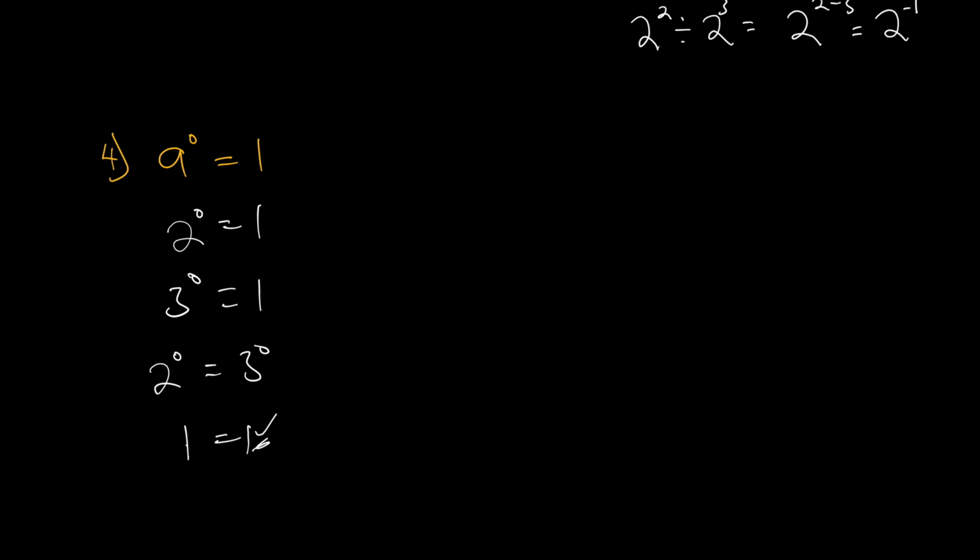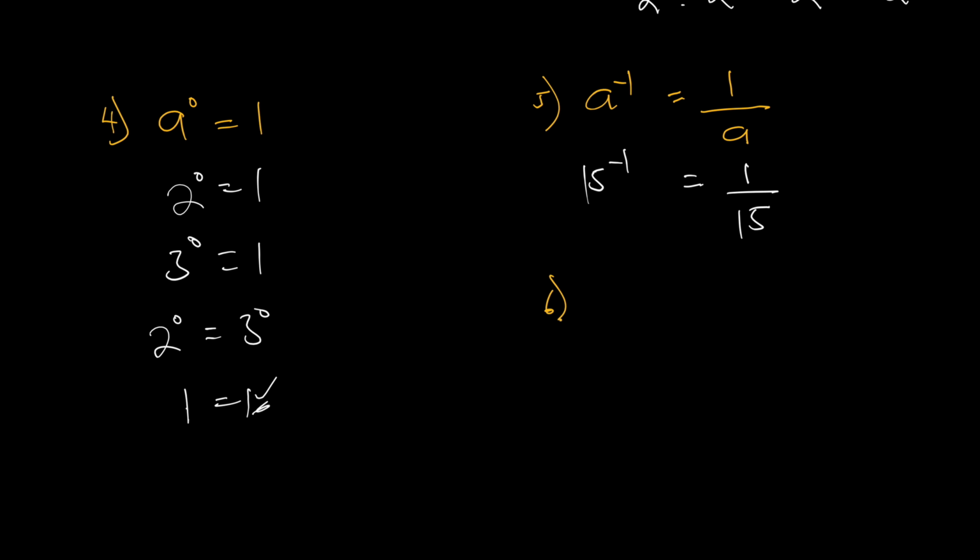So let's take note. Rule number 5. a^(−1) is written as 1 over a. So if we have 15^(−1), it is equal to 1 over 15. Rule number 6. a^(1/2) is equal to the square root of a.